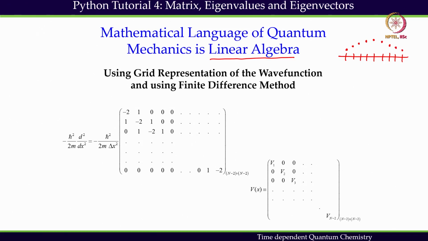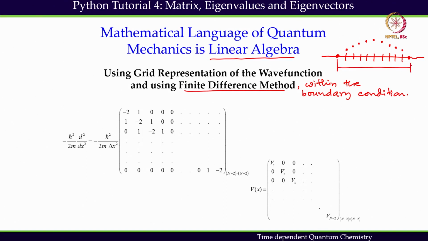So, within this grid representation, using the finite difference method and the boundary condition, we have to use the boundary condition. It means that the wave function value would be 0 at the boundaries of the grid.